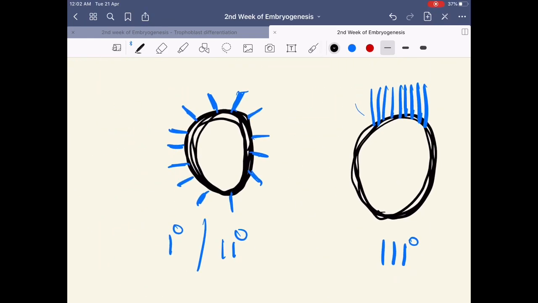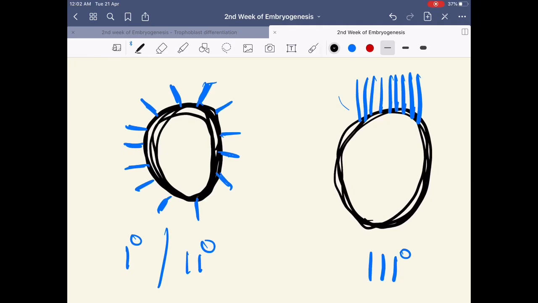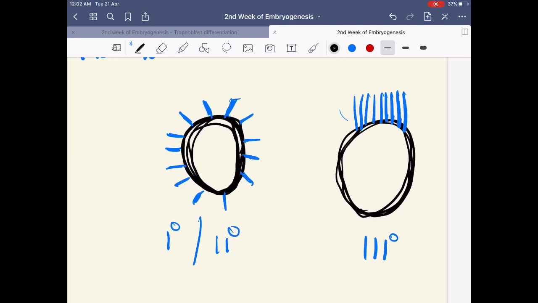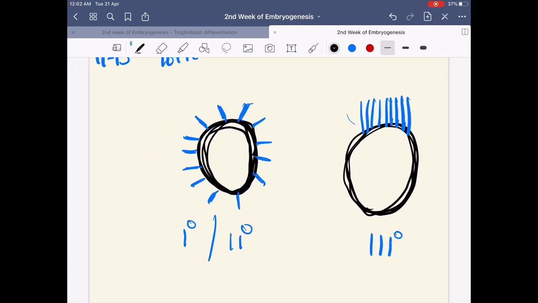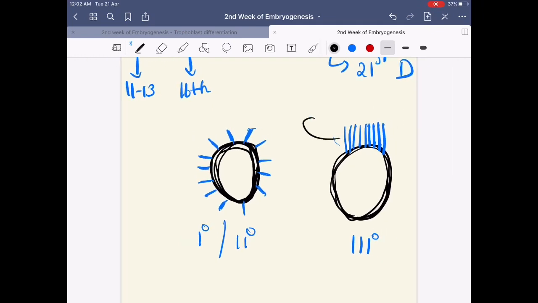Like that, you have got a portion of your chorionic villus that is going to grow as a tertiary villus only in that portion where the future placenta forms. So this is given another name. We call it chorion frondosum.